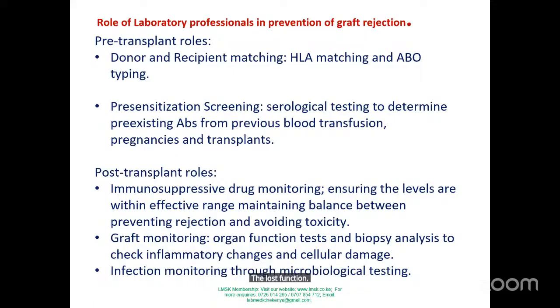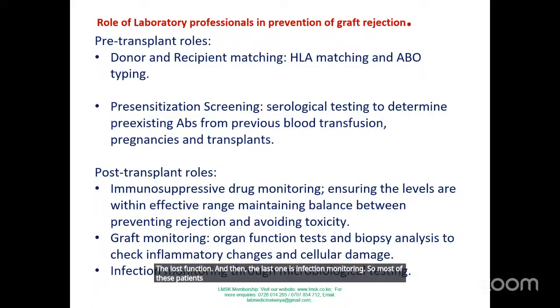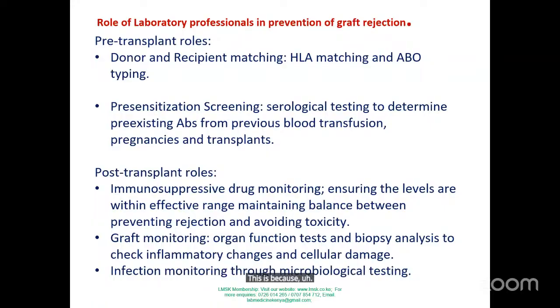And then the last one is infection monitoring. Most of these patients you will see doing a lot of microbiological testing, such as Epstein-Barr virus, BK virus, cytomegalovirus. This is because they are highly susceptible to opportunistic infections, because they are on lifelong immunosuppressive drugs.